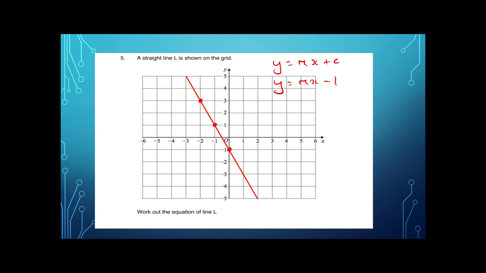I'm going to choose these 2 points here because I can form a triangle like that, where we have a rise of 2 and a run of 1. Now, this line, as we go from left to right, is going downwards, and that means that the gradient is negative. So in fact, we need to say that the gradient is negative 2, and then the y-intercept is negative 1.